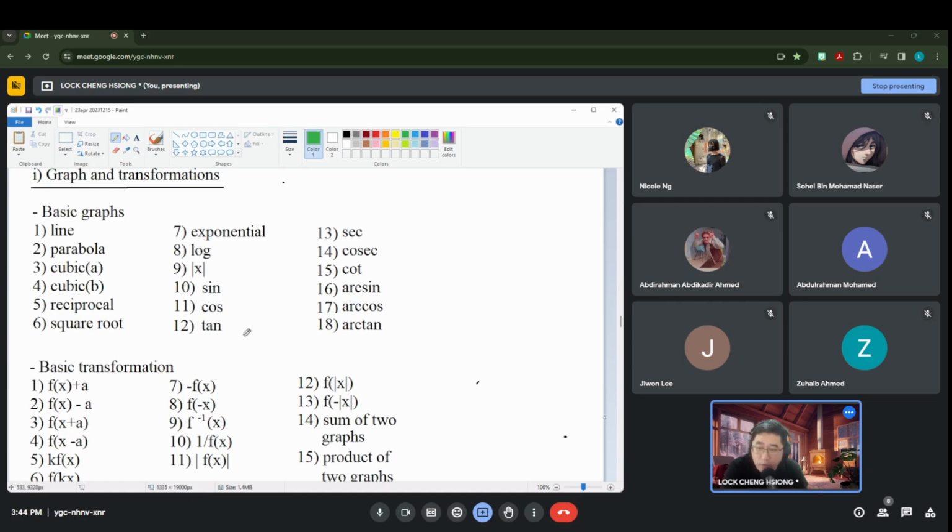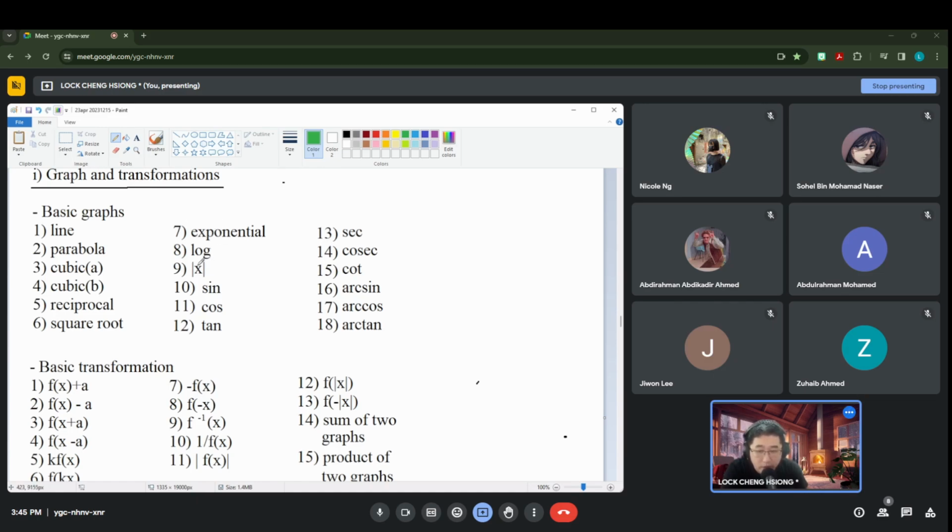For both P1 and P3, there is a series of basic graphs that you're supposed to remember. You need to remember how to draw line, parabola, cubic type A, cubic type B, reciprocal graph, square root, exponential graph, log graph.